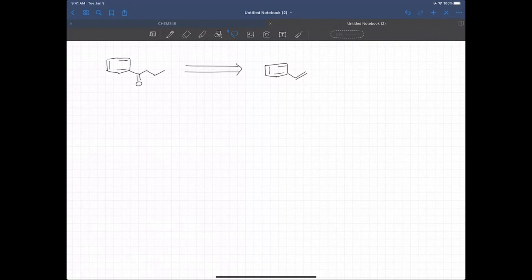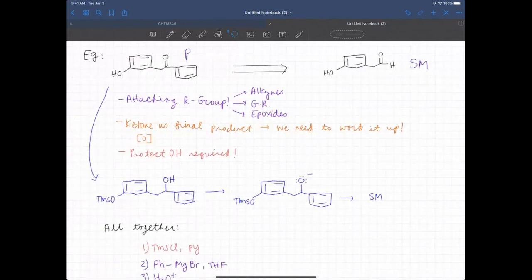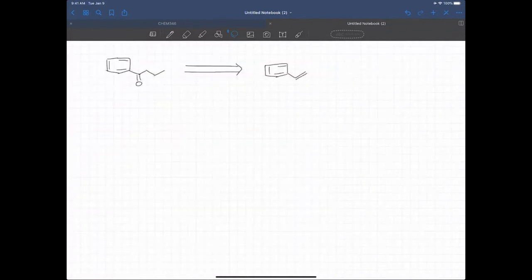All right, anyone has any thoughts? What I've been doing from the previous example? So what you have here is an alkene, and you need to make the chain longer, right?